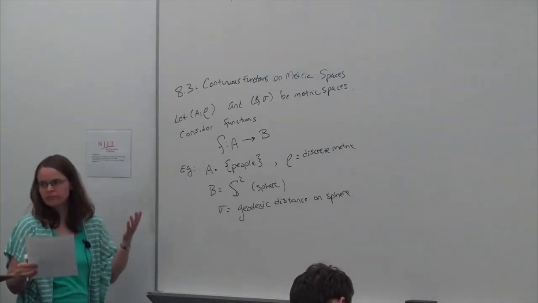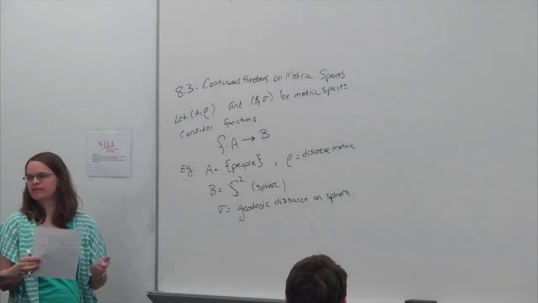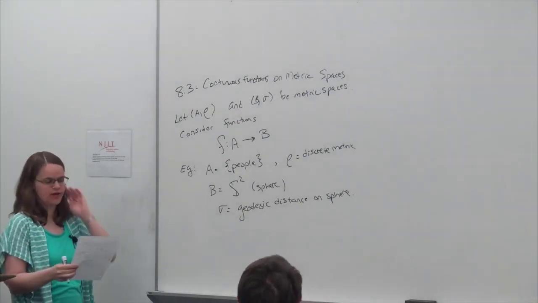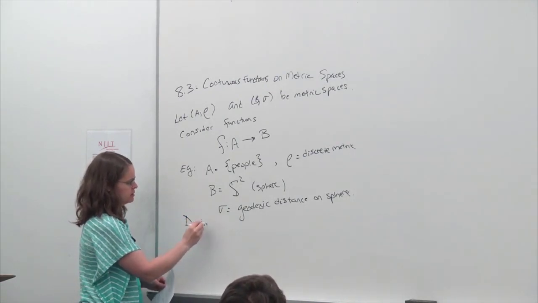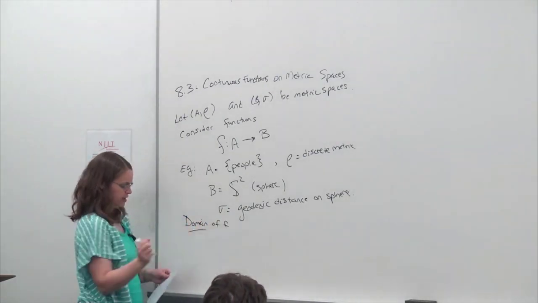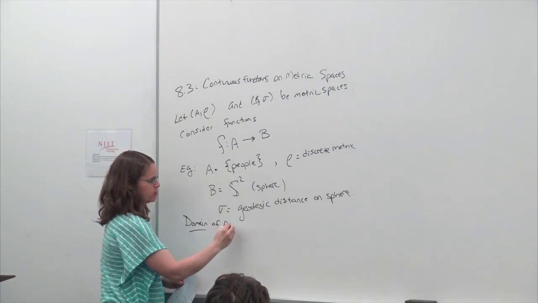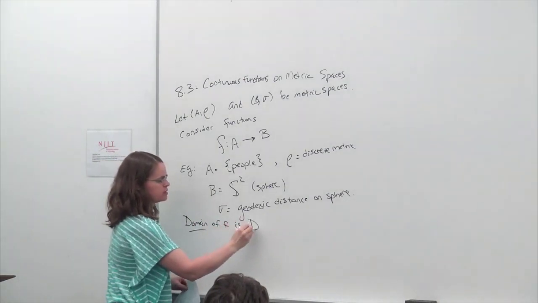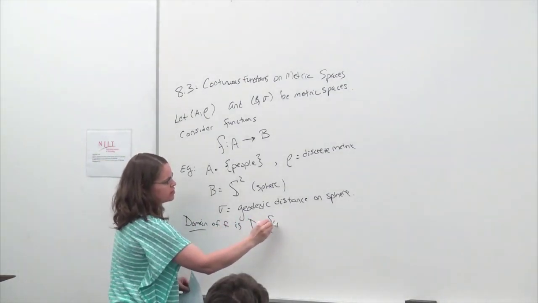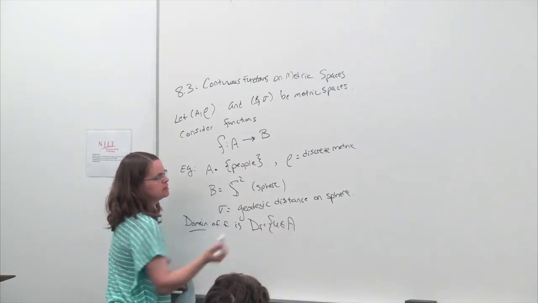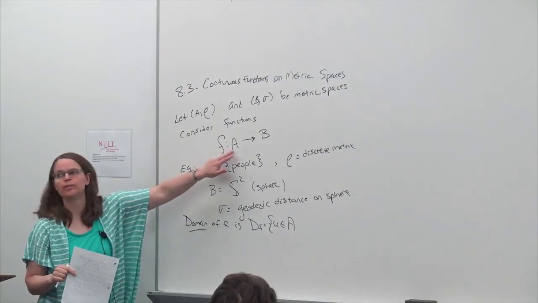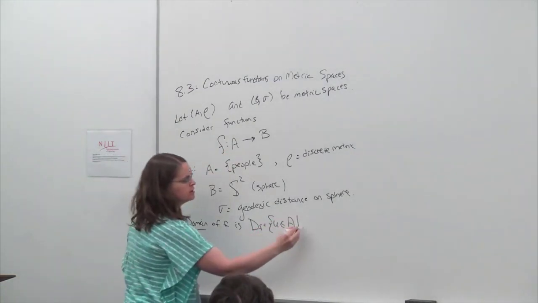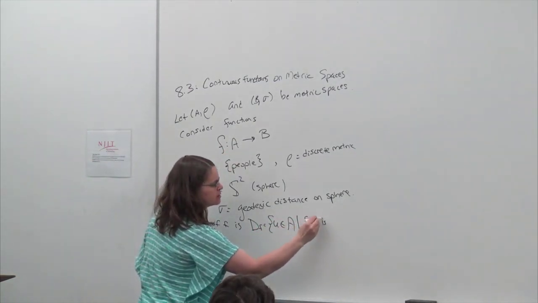Okay, now most of the things that we need for calculus stay the same. You know how to define these things, right? We have the domain, right? It's just the things that we're allowed to stick in F. So domain of F is just the set of things that we're allowed to stick in the function F. So all the things in our input space such that F of u is defined.